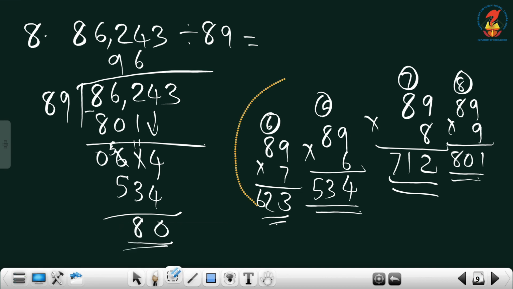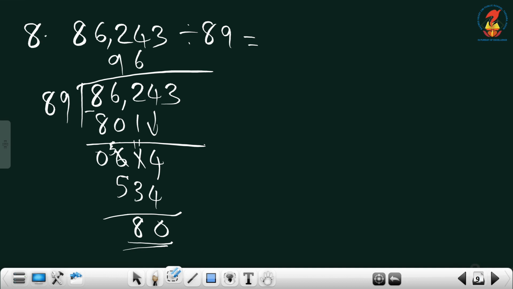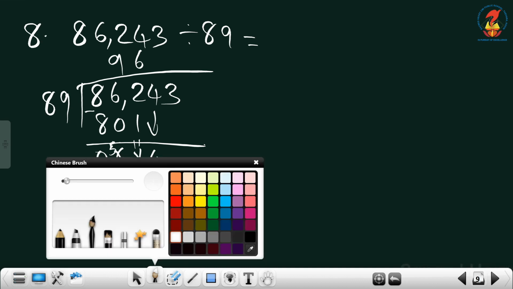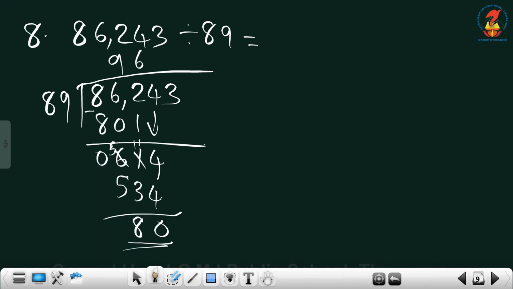Okay, and the remainder is 80. I need to check whether my answer is correct or wrong in division. Children, it is very easy for the division, right? But one condition is you should learn the multiplication table, otherwise you can't do anything in division, right? Okay, I will check it with the quotient 96.